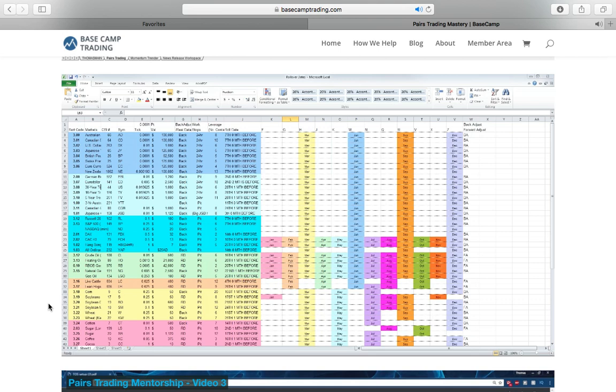So one thing you want to make sure you do is you know when the rollover is going to occur, okay? You need to make sure you have enough time for your pairs to actually play out so that you don't get stuck in a trade and then the contract month rolls over and then there's no volume and you're stuck being in a losing position, okay?